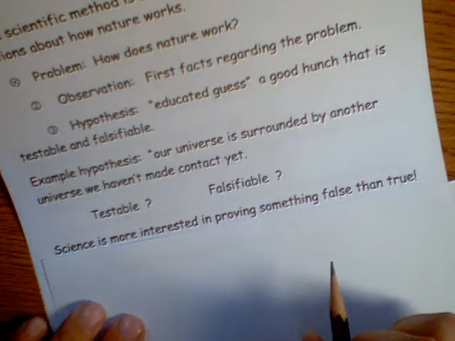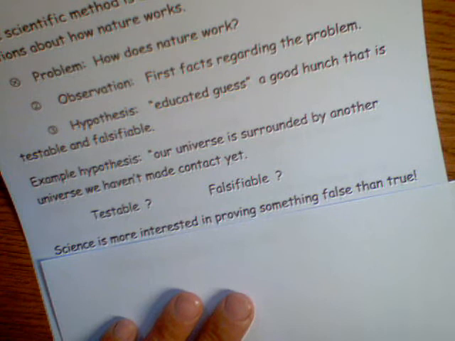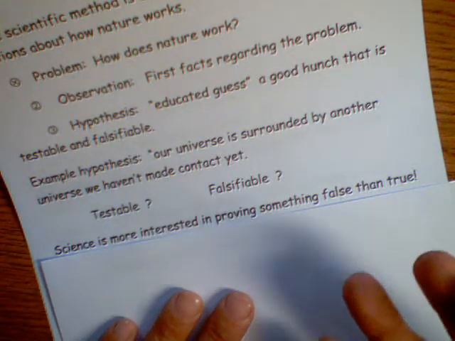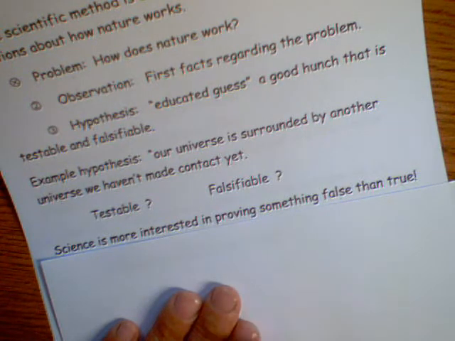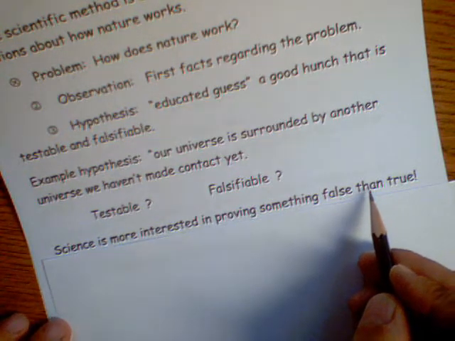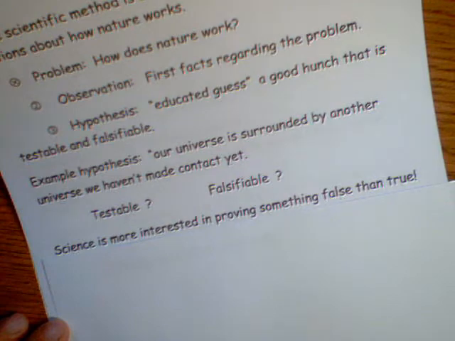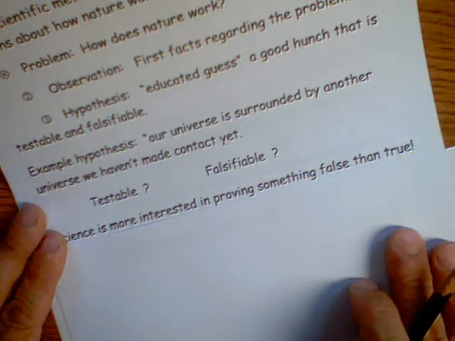Science tries to stay away from what is true, but what we are more interested in doing is saying that the hypothesis is false, that it only strikes in one spot once. Lightning doesn't do that. It does strike in one spot more than once, and that is proven.